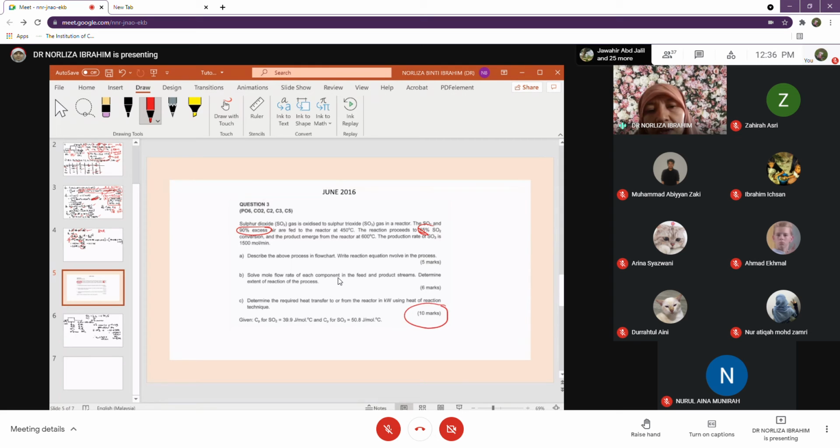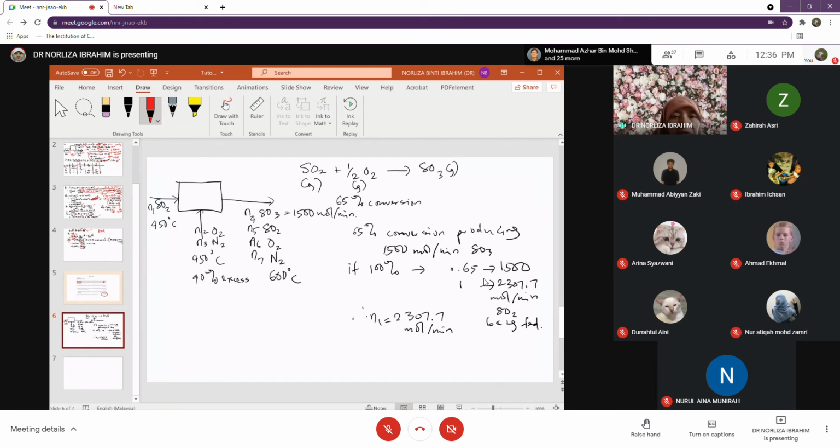Now the material balance. For the drawing, you have sulfur dioxide and oxygen, but in the question, you actually react the SO2 with air. So SO2 and air are being fed. In my case, I put them into different streams, SO2 and air. If you want to put them in one stream, that's fine, up to you.